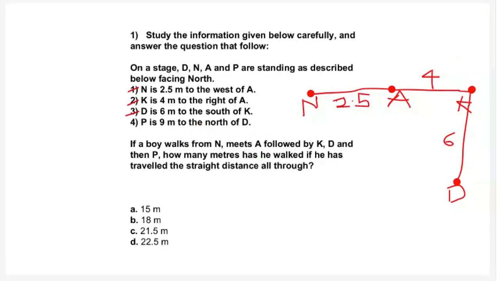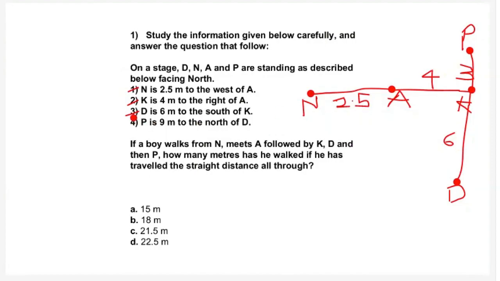We have to go a further 3 meters above K. That will be our P. P's position is 3 meters above K and 9 meters from D. I'll mark this as 3. The distance between P and K is 3 and the distance between K and D is 6 meters. The total is 9 meters.